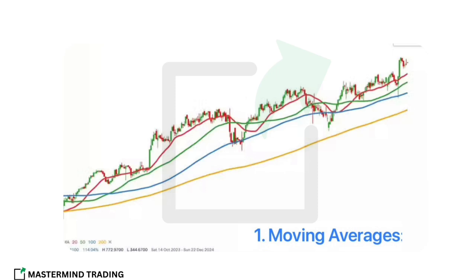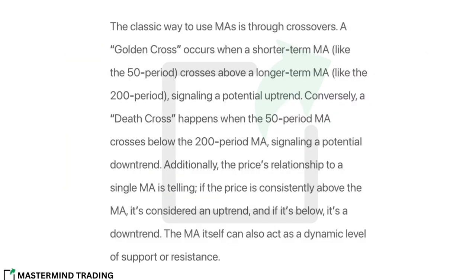So the 50-day moving average is going to be looking at the average distribution of price over a 50-day window, while a 200-day moving average is going to be looking at the average distribution of price over the 200-day window. Now, there are different ways that traders use these moving averages. I think one of the most common among traders are the crossovers, where you have a smaller time period moving average crossing over a bigger time period moving average.